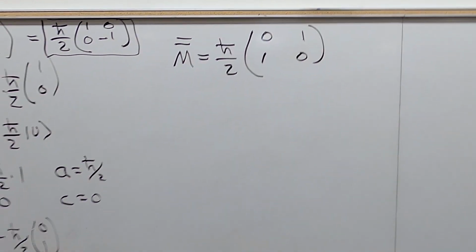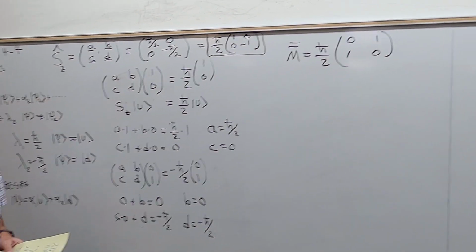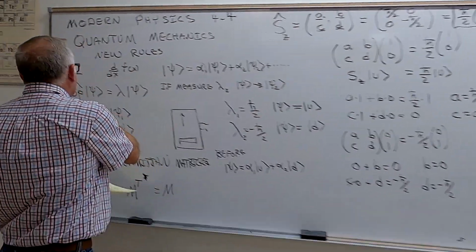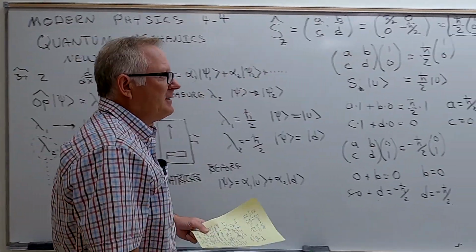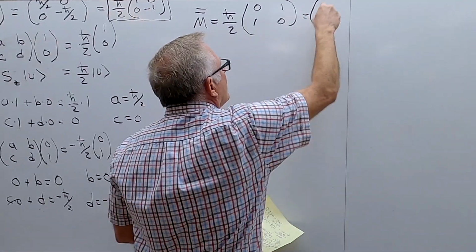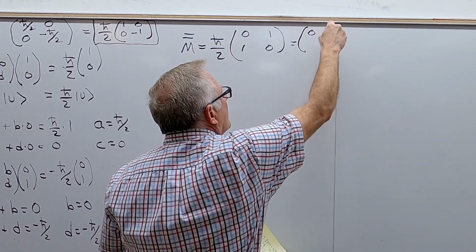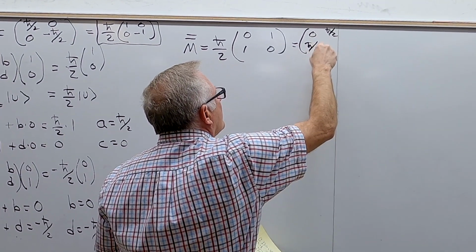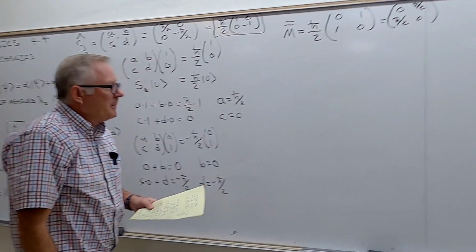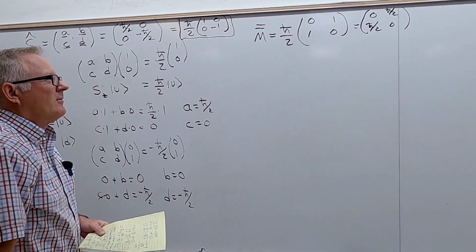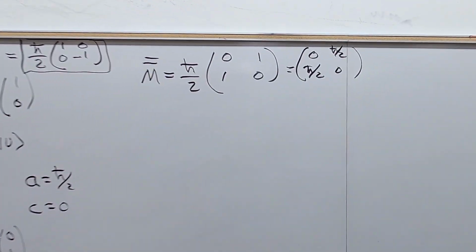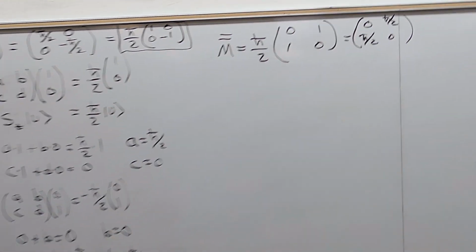And ask, what are the eigenvalues and eigenvectors for that measurement? Actually, I can put the h bar over 2 into it. So this is 0, h bar over 2, h bar over 2, 0. You'll notice that this also is Hermitian, because if I take the transpose of it, it stays the same. And it's real, so the complex conjugate doesn't do anything.